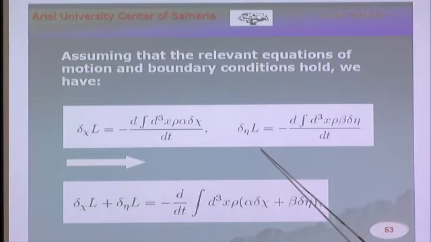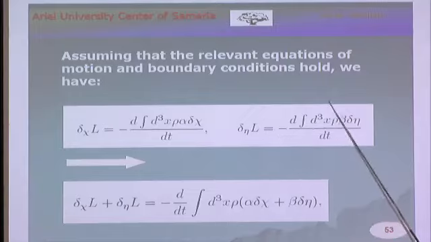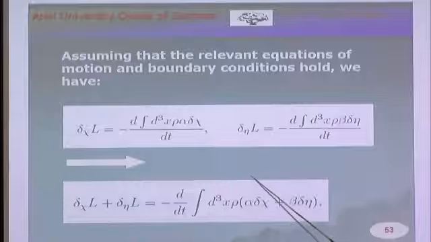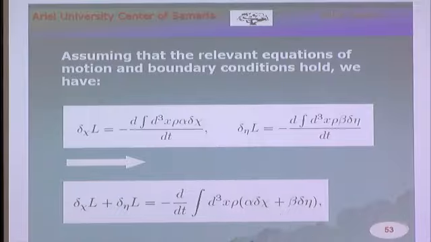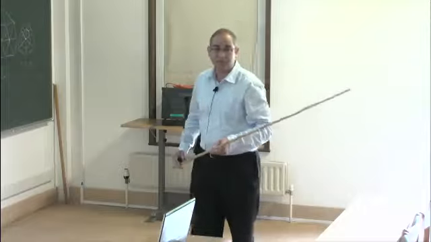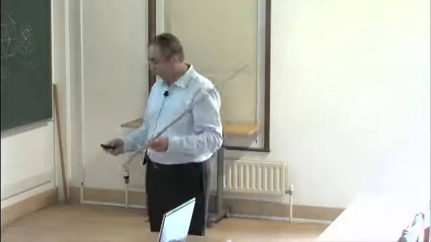And if you do the same with eta, you have these quantities. And if you add up all the variations, you get these quantities, in which you have both delta chi and delta eta, which are given in terms of the delta f I have shown you before.